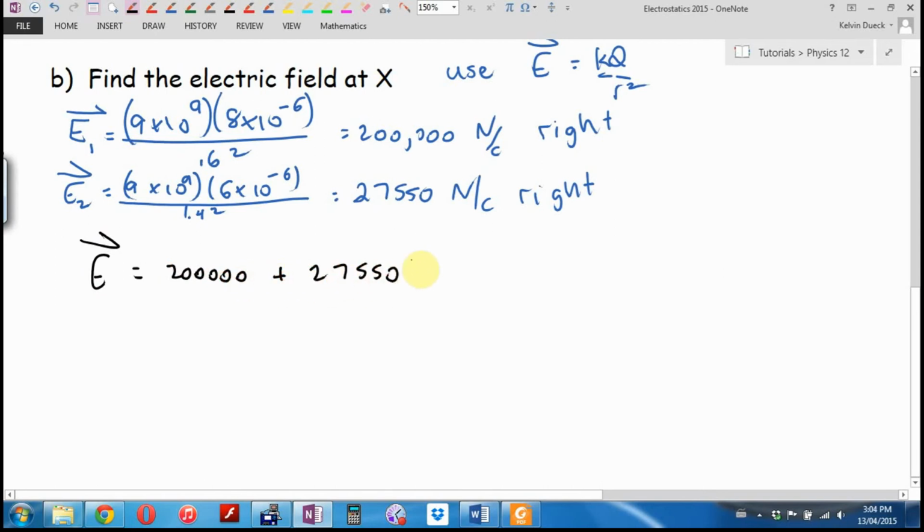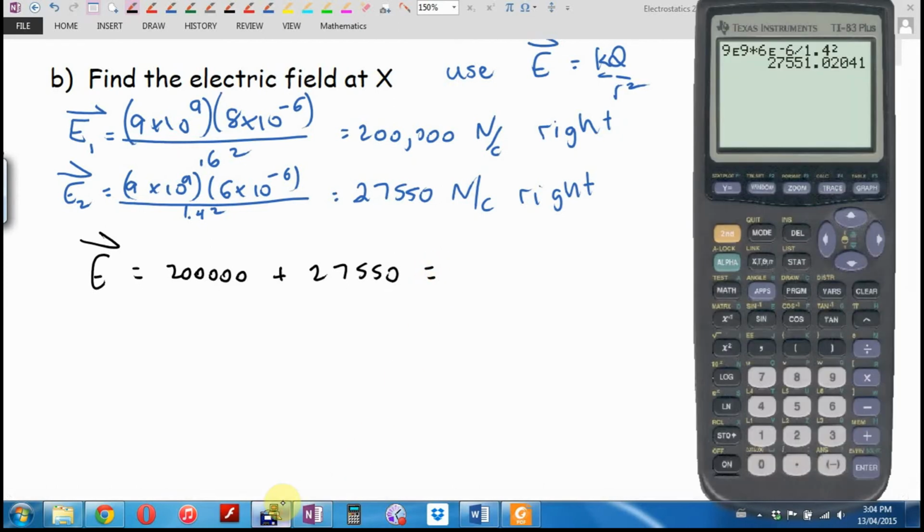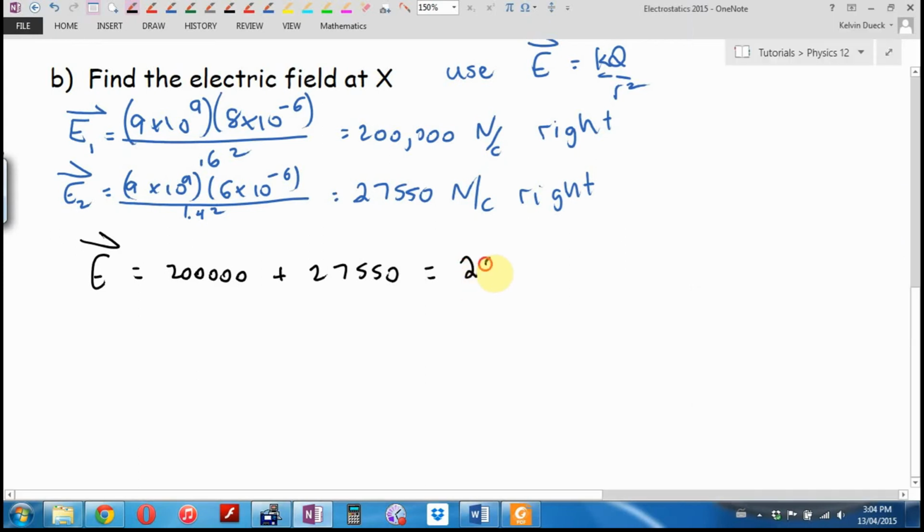It's not going to be winner minus loser. It's winner plus winner. 228,000, I guess, if I go to 3 sig figs. Newtons per coulomb to the right.